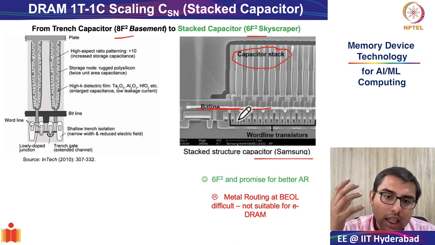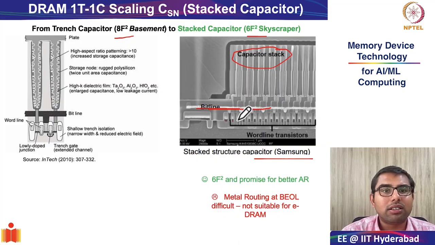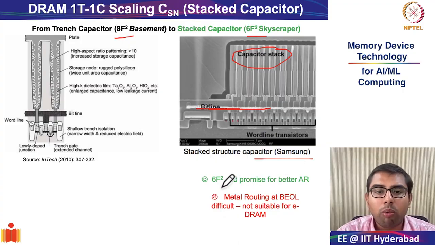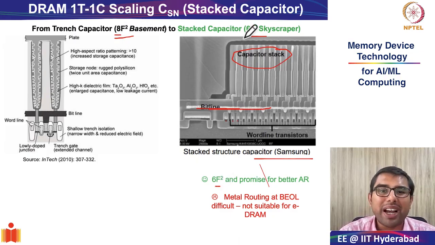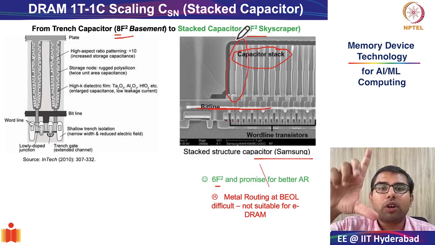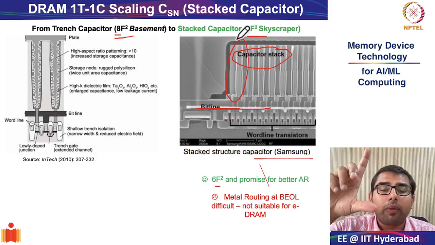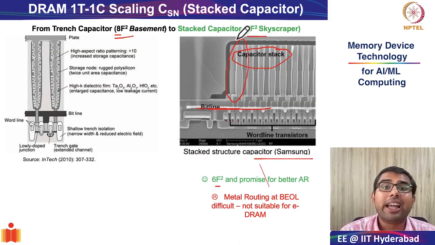The good thing about the stacked capacitor model was that you were able to scale from 8f squared to 6f squared, and there is also promise for better aspect ratio. There is promise that you can make the aspect ratio of the cell capacitors even steeper than 75:1, the record that we saw in the previous slide with trench capacitors.